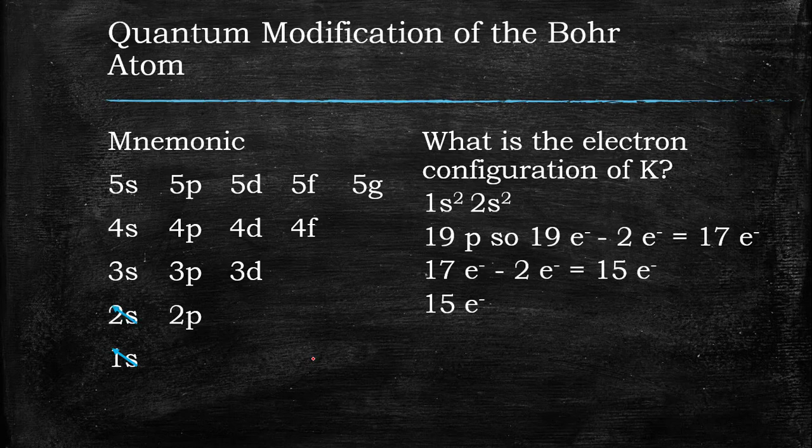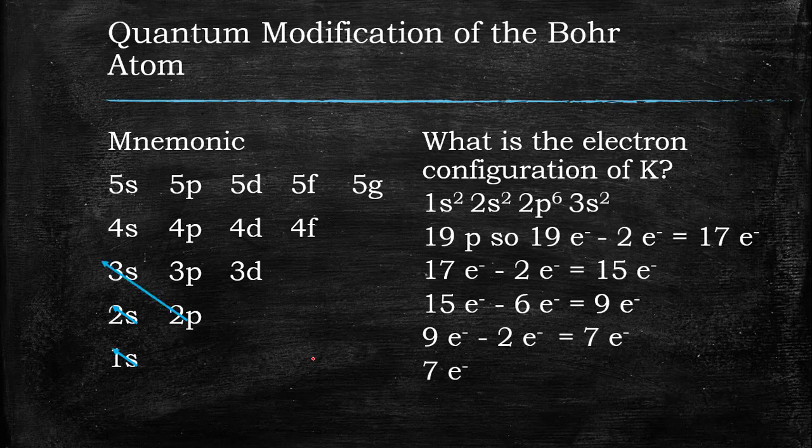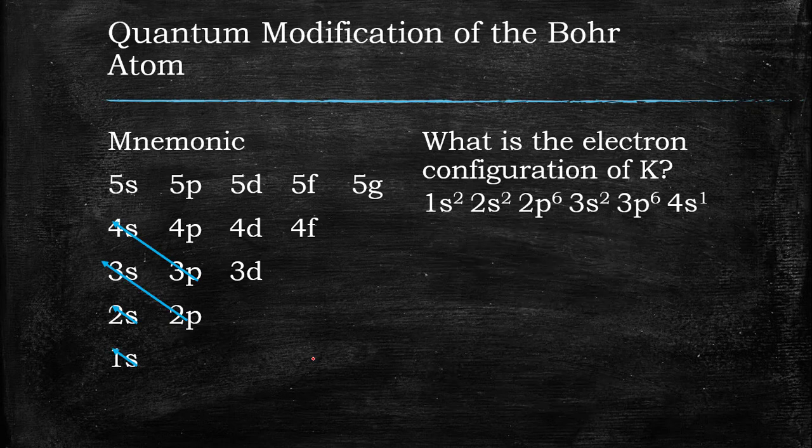I can put 2 electrons into the 2s2. Subtract the 2, write down the 2s2. Over 1, go to 2p6. I can put 6 electrons there, but I still have 9 electrons to place. The next 2 go into the 3s, 3s2. Then I go 3p6, 4s1. So we would say that the electron configuration is 1s2, 2s2, 2p6, 3s2, 3p6, 4s1.